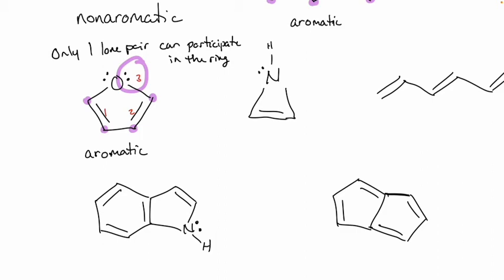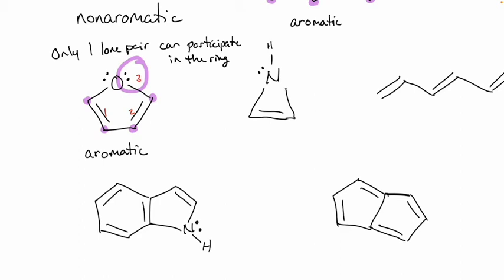It's impossible for oxygen to arrange its electrons in such a way that both of those electron pairs are in that ring. It would have to put them both in the same shaped orbital, and it can't do that. It violates a bunch of rules about how electrons are arranged. Those 2 lone pairs have to be in different orbitals. So it can only ever put one in the ring. The other one's just going to remain a lone pair.